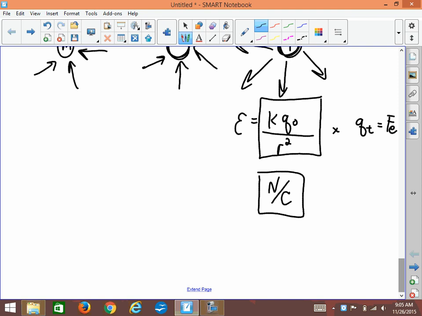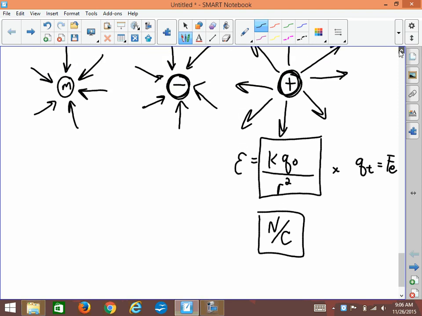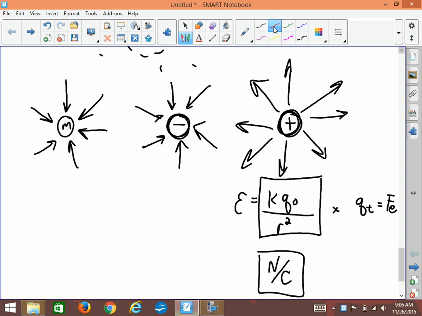Newtons per coulomb. And what it means is, if you drop a coulomb of charge anywhere in the field, let's say you drop 1 coulomb of charge here, and the field strength is 8,000, it means there's 8,000 newtons of force pushing on every coulomb that you drop there, right? 8,000 newtons of force are pushing on every coulomb.